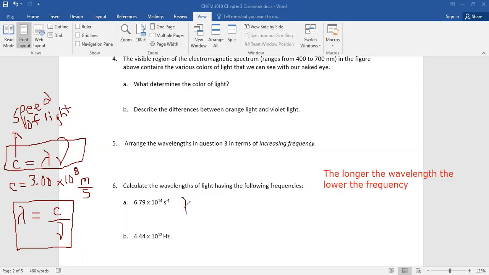So therefore, wavelength is going to be the speed of light, c, divided by the given frequency.